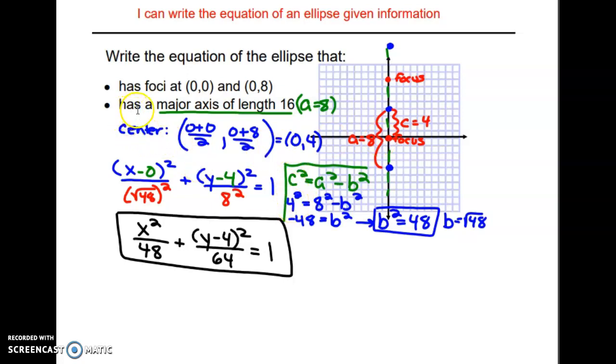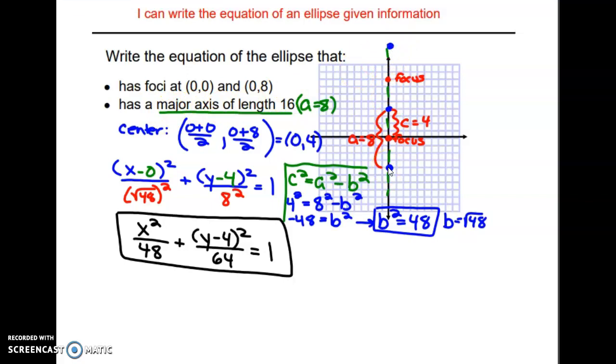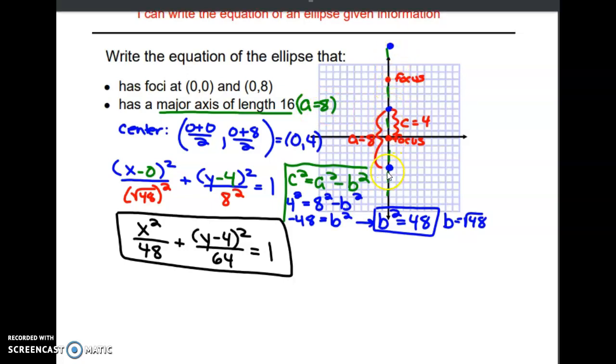They give me one more piece of information. It has a major axis of length 16. Major axis is the full distance all the way across. Okay? They have 8 because that is the semi-major. That is going from the center up 8, down 8.